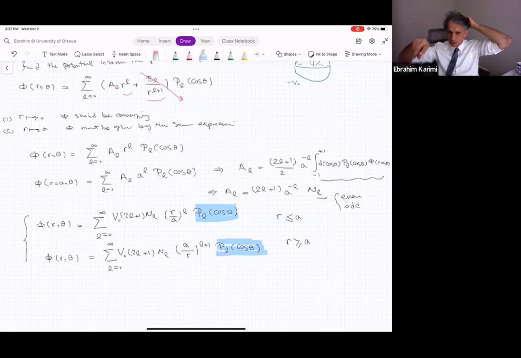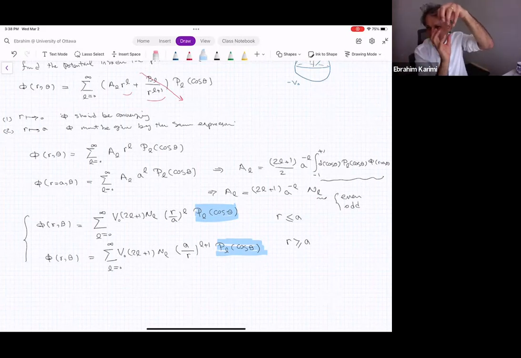Because if L equals 1, then the potential goes as 1 divided by r to the power of 2, which looks like a dipole. So if you go to infinity, you will see it as a dipole moment, because it's the potential of a plus and a negative charge together.